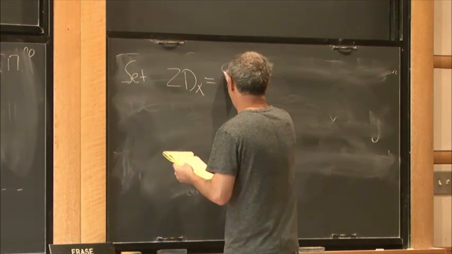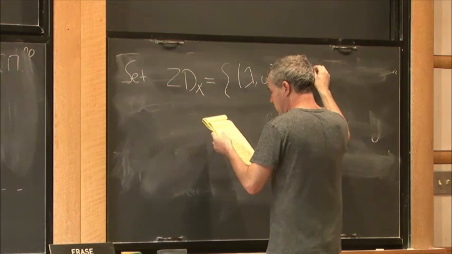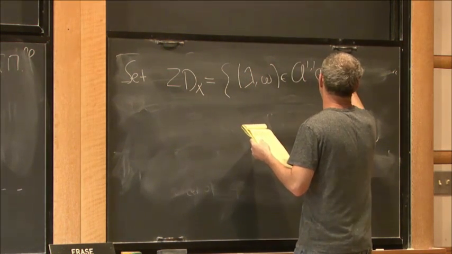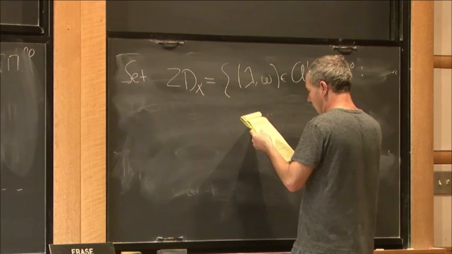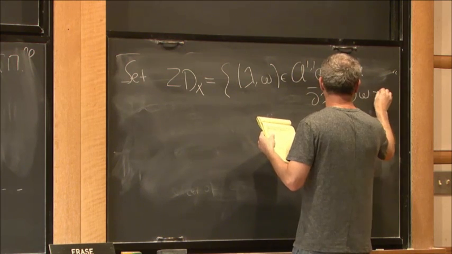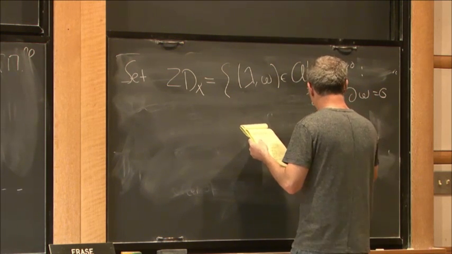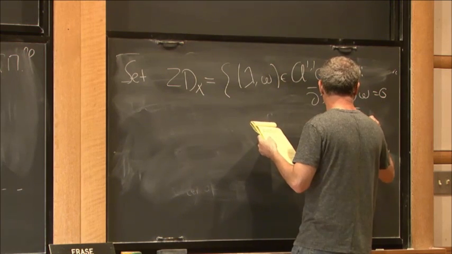That would be the pairs lambda, omega in A1,1 plus A2,0, such that D bar lambda is equal to D omega is equal to 0, and partial lambda is equal to D bar omega.